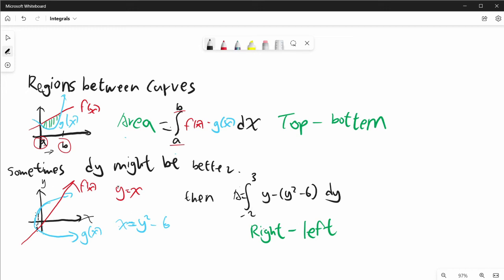But when you do dy, you have to write every single function in terms of y, so you have to write x equal to something in y. Then you can have y as all your variables, dy, and the integration will make sense. And it will be top minus bottom, and remember to calculate the intersects, and you'll be fine.